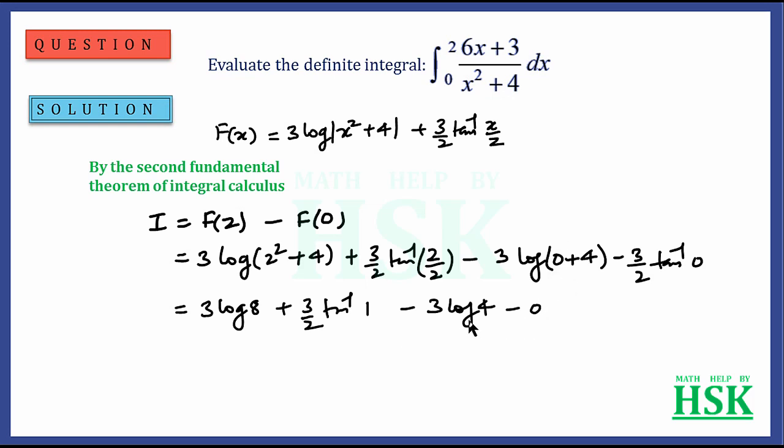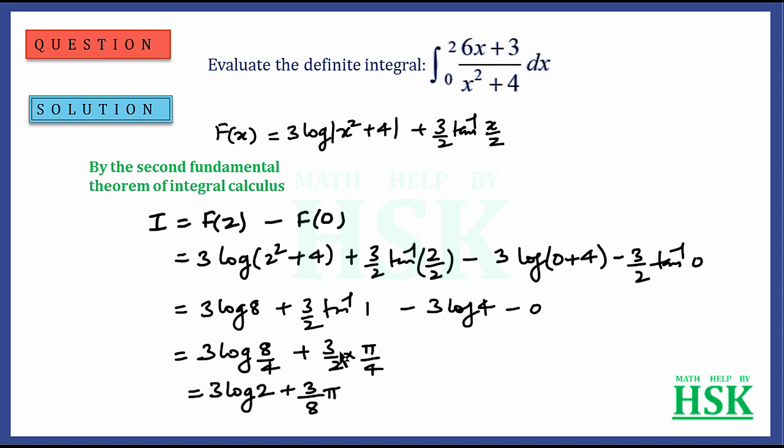Now this would be equal to 0 because tan inverse of 0 is equal to 0. This will be equal to 3 log 4, and 2 square plus 4 is equal to 8, so I obtained 3 log 8, and 3 by 2 tan inverse of 2 upon 2 would be equal to 3 by 2 tan inverse of 1. So these two terms can be written as 3 log of 8 upon 4, with 3 taken as common, and log 8 minus log 4 written as log of 8 upon 4. So this is going to become 2, and the second term would be 3 pi by 8. So 3 log 2 plus 3 pi by 8 is the required answer.